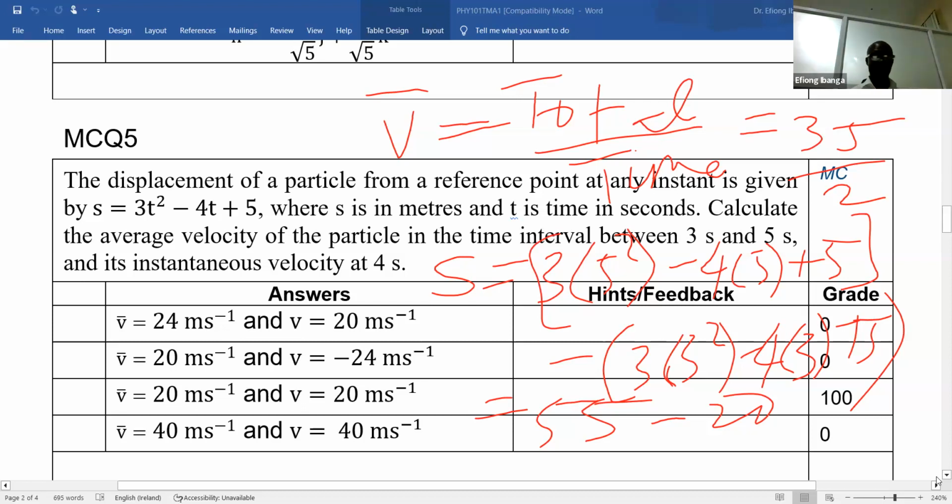Now, 25. Let me cut it out. 25 times 3 is 75. 75 plus 5 is 80. 80 minus 20 is 60. So you called out the wrong thing.